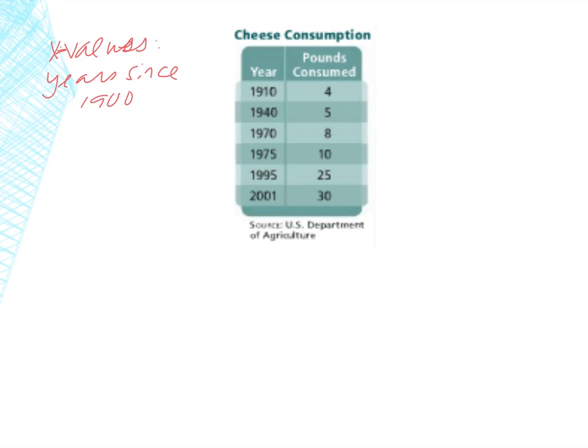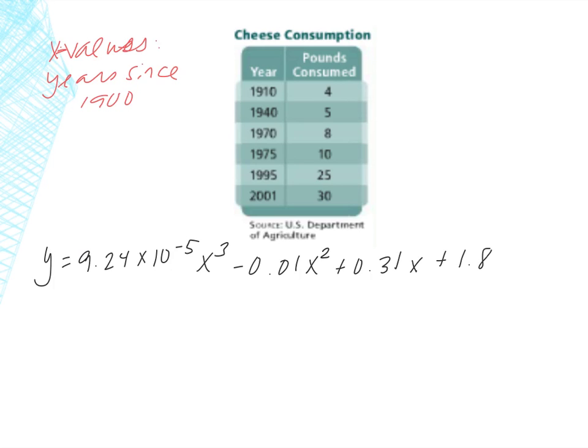So in that case, our equation will be, and I'm going to round everything to the nearest hundredth, y equals 9.24 times 10 to the negative fifth x cubed minus 0.01 x squared plus 0.31 x plus 1.80.